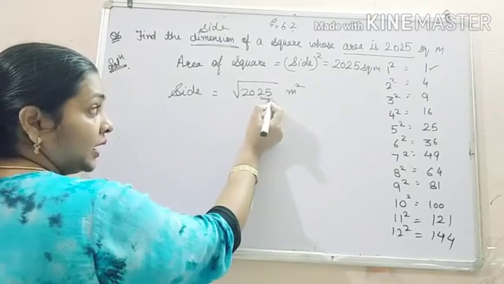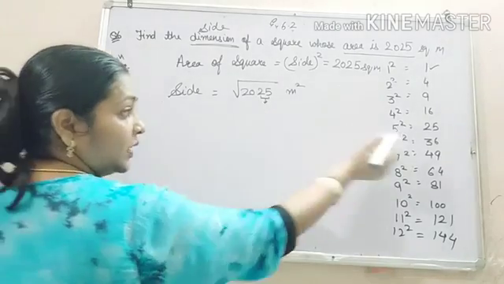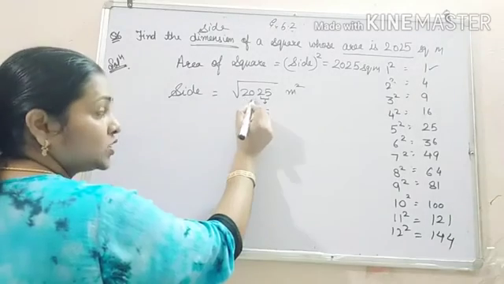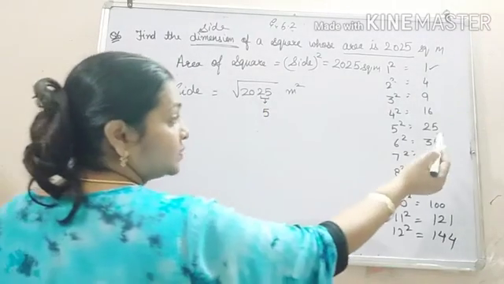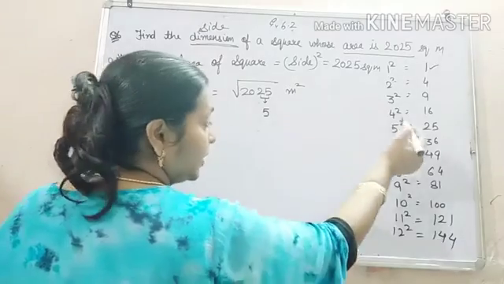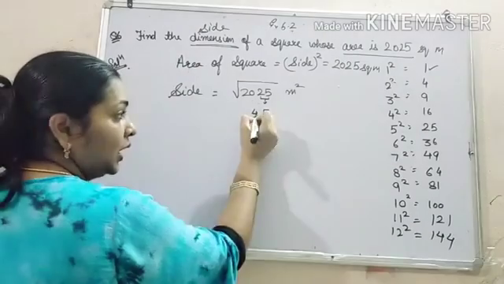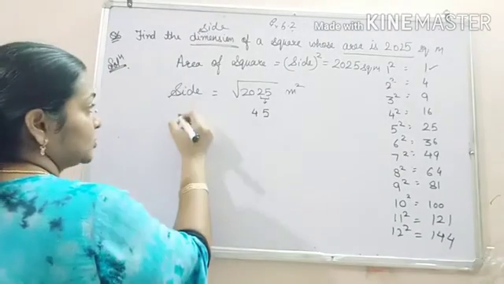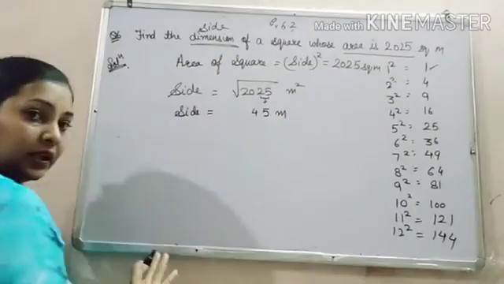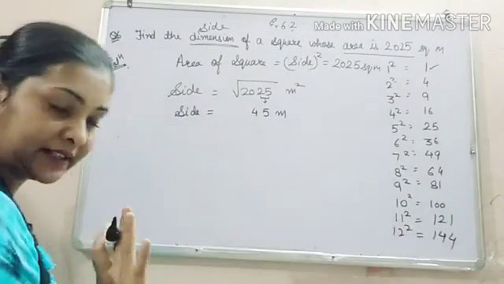That is, here the last digit is 5 and it is possible only for 5. Now here it is 20. 20 lies between the square of 4 and 5 and smaller one is 4. So it will be 45. So side will be equal to 45 meter. This is using ones and tens method.